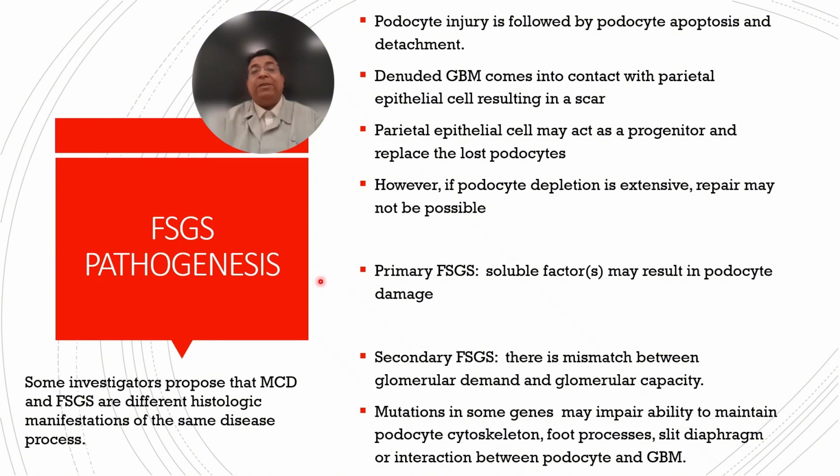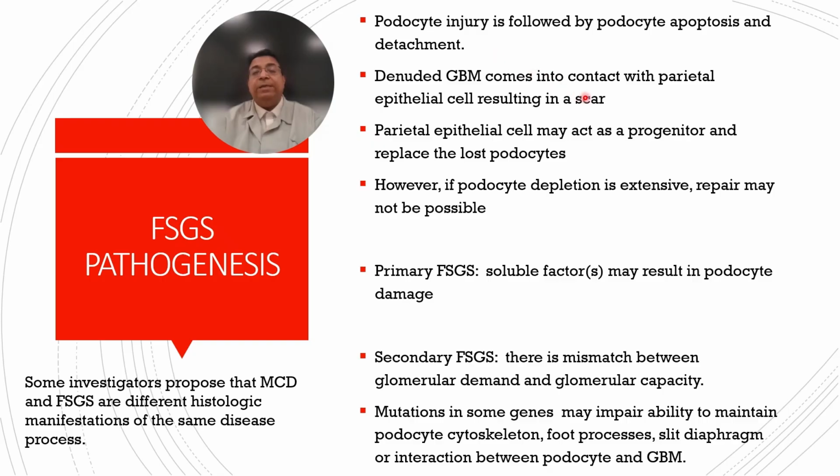Let's talk about pathogenesis of FSGS. Some investigators do propose that minimal change disease and FSGS are different histologic manifestations of the same disease process. So the first thing is that you have podocyte injury, and this is followed by podocyte apoptosis and detachment.